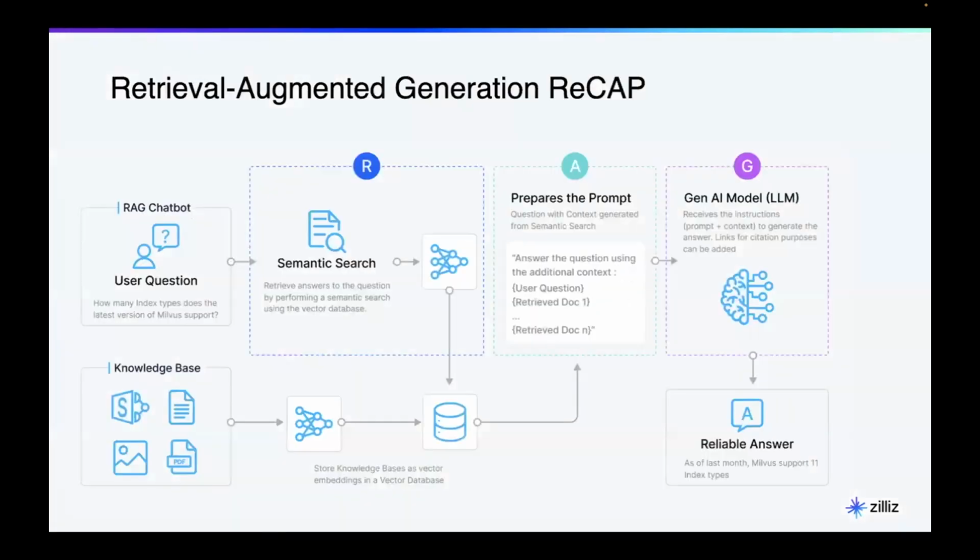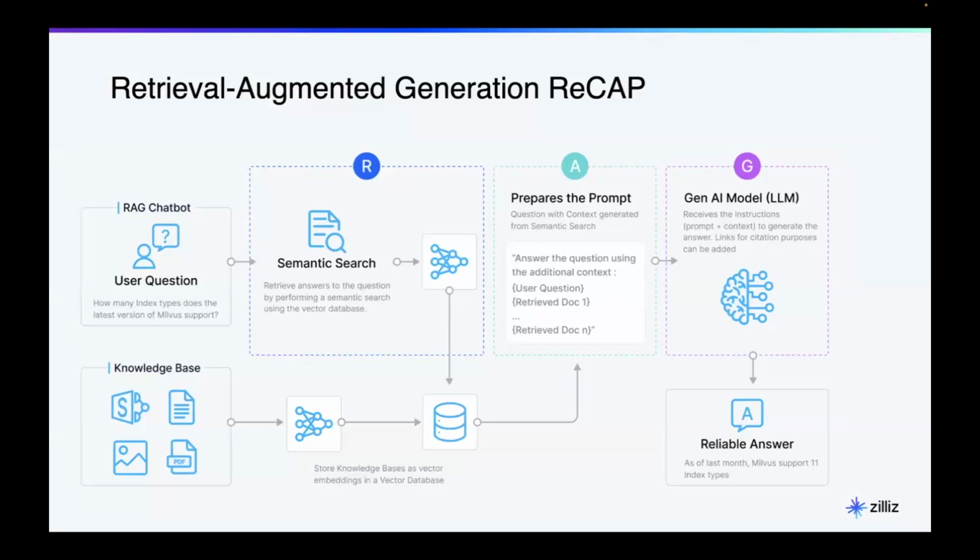Okay. Quick recap about RAG. I'm pretty sure everybody here has heard about RAG, right? It's actually simple. As simple as you can do is just to chunk everything and put it into a VectorDB.